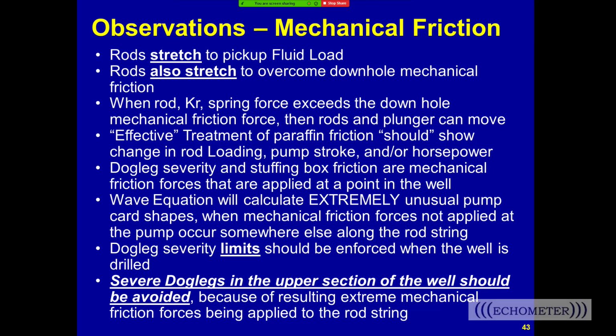We've seen that when you treat the well for mechanical friction, things like paraffin, if the treatment's effective, you should see a change in the rod loading, the pump stroke, and the horsepower. The dogleg severity and the Steffenbach friction are mechanical friction forces that are applied at a point, not the way we model mechanical friction in the deviated wellbore model as rod on tubing sliding mechanical friction with a drag coefficient.